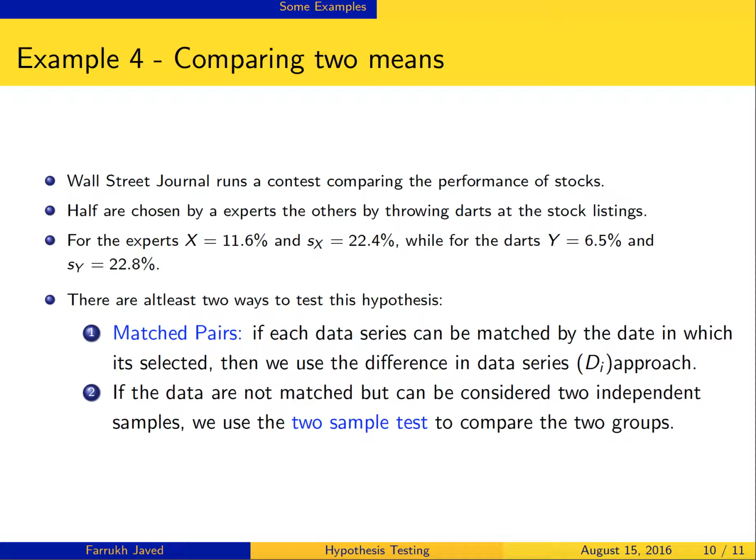Then we can use the difference in data series, which we denote as DI. This approach can be used if two data points were selected at the same date.